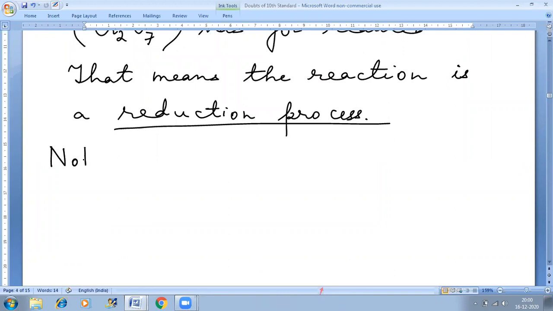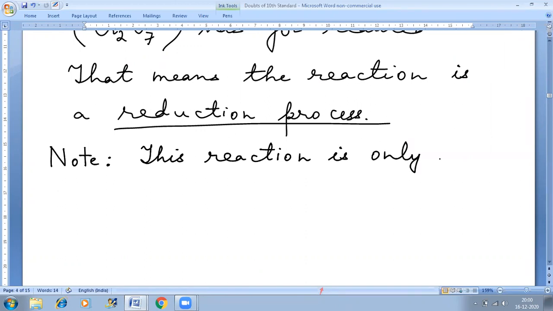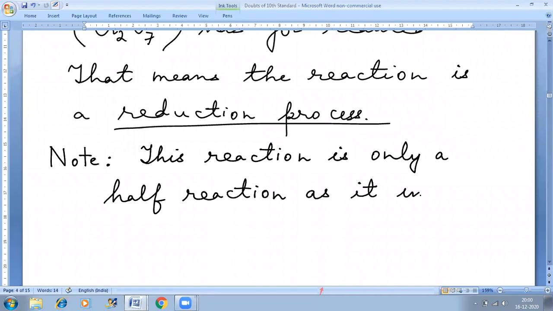Note, this reaction is only a half reaction, as it involves only reduction.